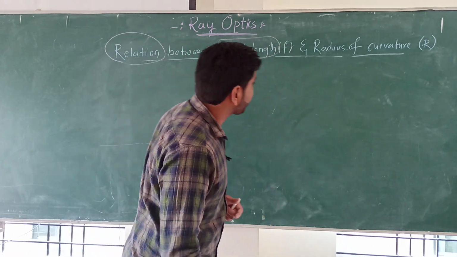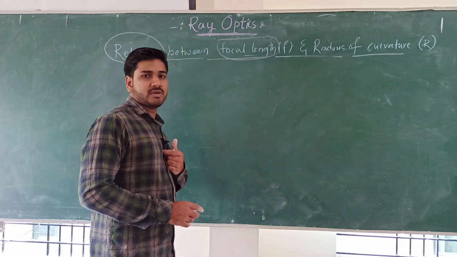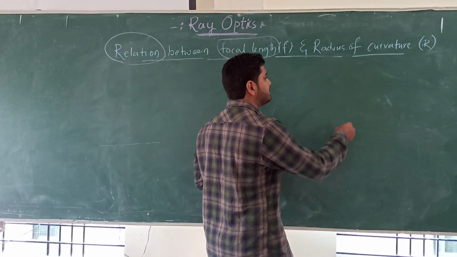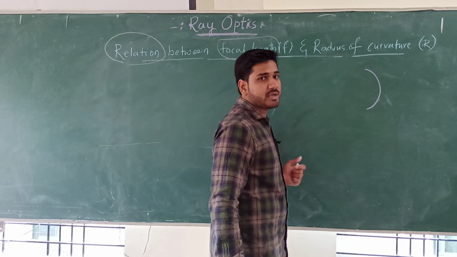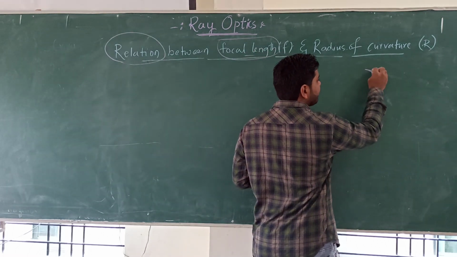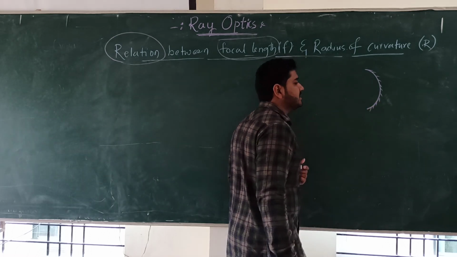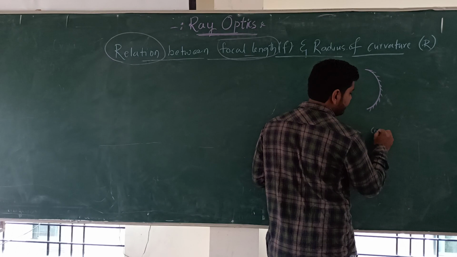I will derive this equation by considering a concave mirror. So everybody knows, this is one concave mirror. If I make it silver on that side, then it will become a concave mirror.